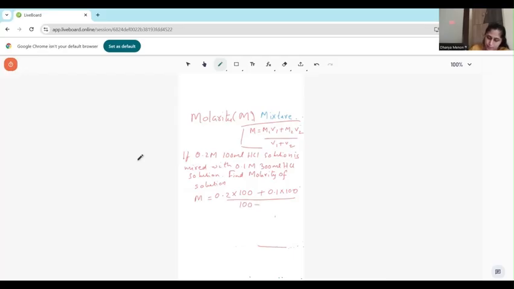Here the volume is 300, right? When you solve this, you get the answer. So this is the molarity of mixtures. You're mixing two solutions together, although in this case the solute is the same.